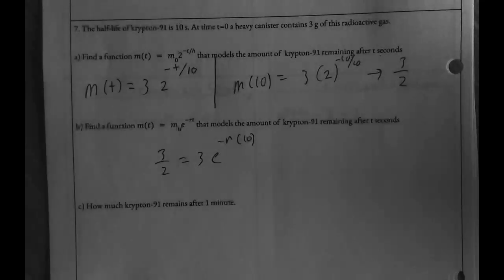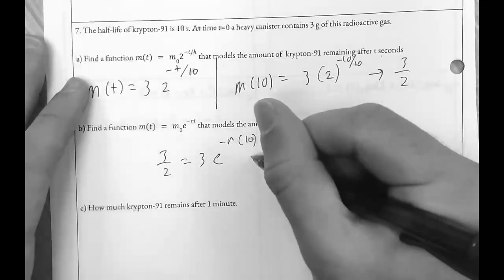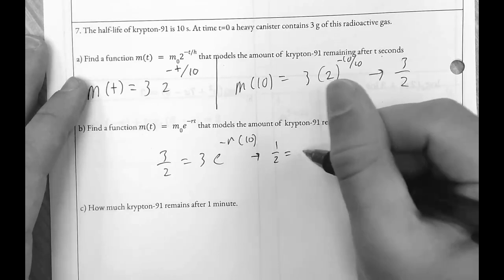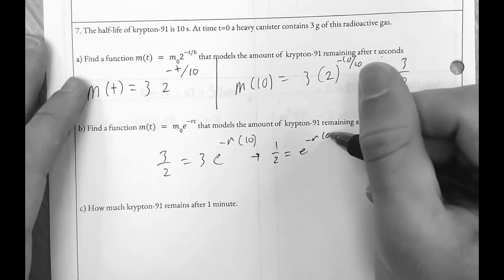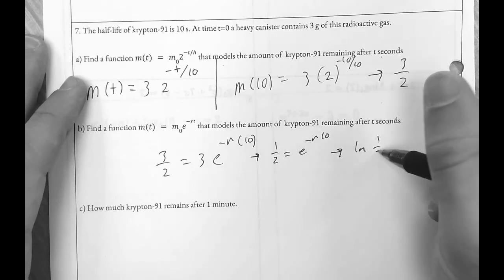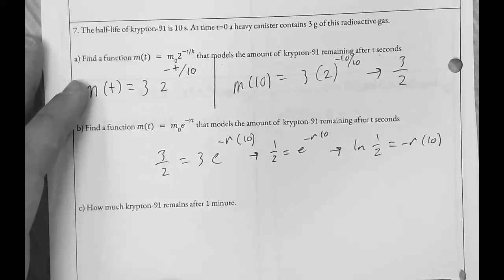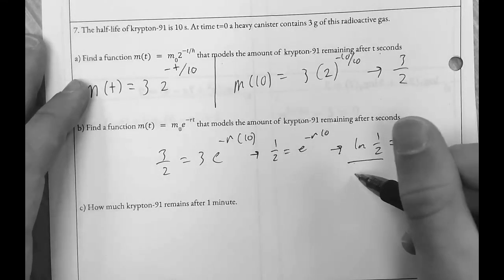So we're going to get 1/2 equals e to the negative r times 10. And then we're going to have ln 1/2 equals negative r times 10. And then divide both sides by negative 10.